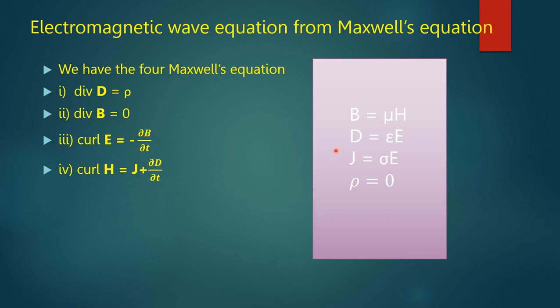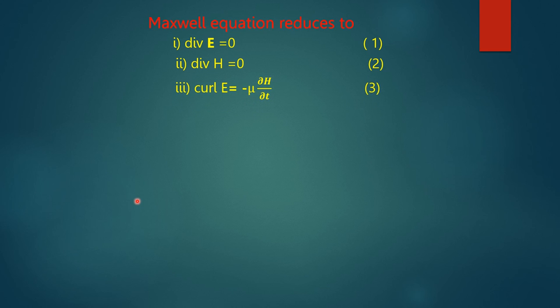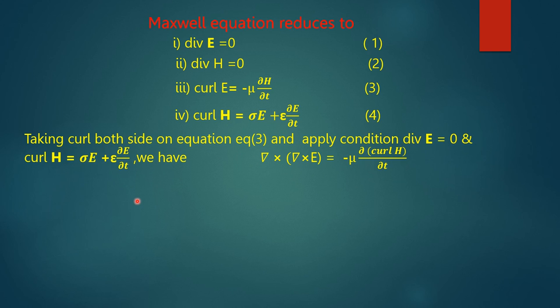After putting this value, Maxwell's equations reduce to divergence E is equal to 0, divergence H is equal to 0, curl E is equal to minus mu del H by del t, and curl H is equal to sigma E plus epsilon del E by del t.